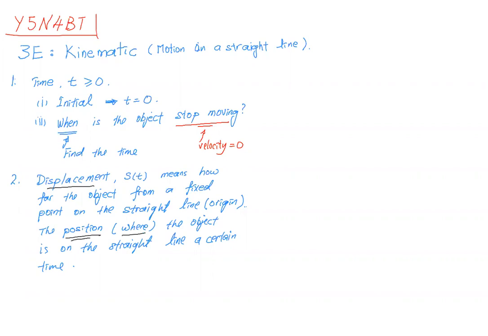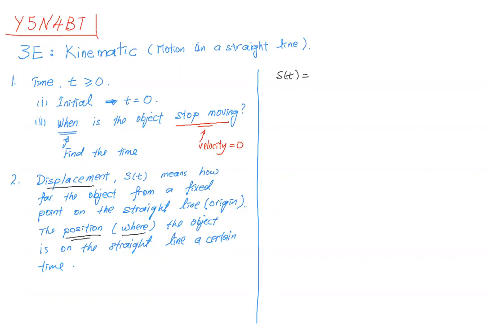So let's look at our example, the one that is given. They give you the displacement function, S(t) equal to what? Do you have the question with you? Bram, do you have the question with you?